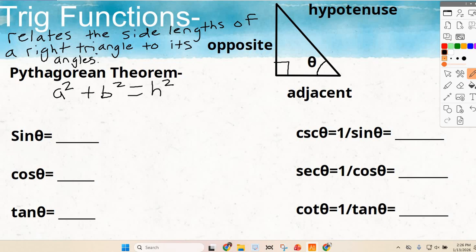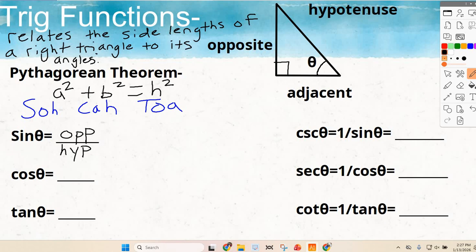So do we remember what the relationship for sine is? Did any of us learn the fun acronym? So yes, sine is opposite over hypotenuse.